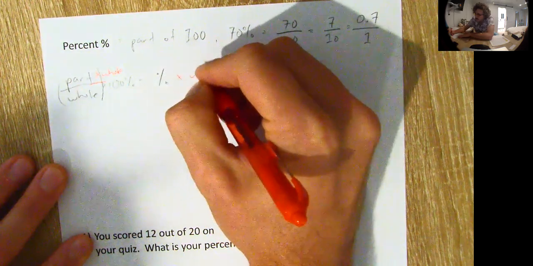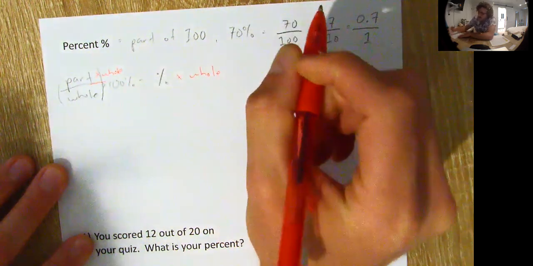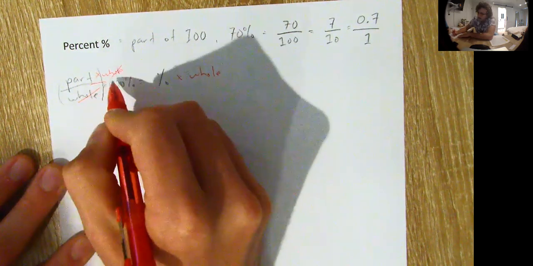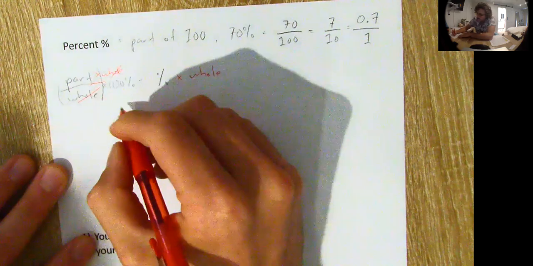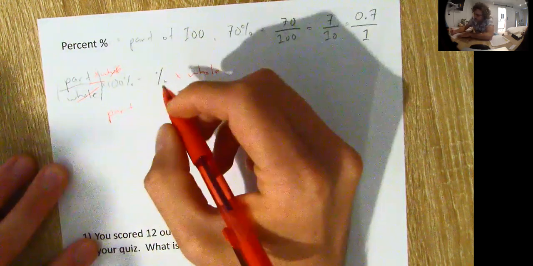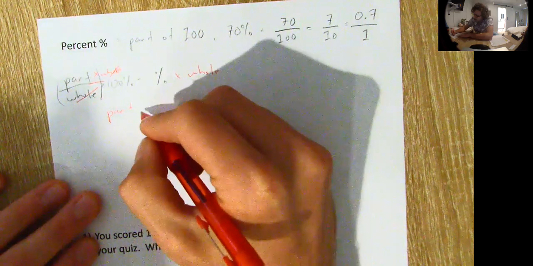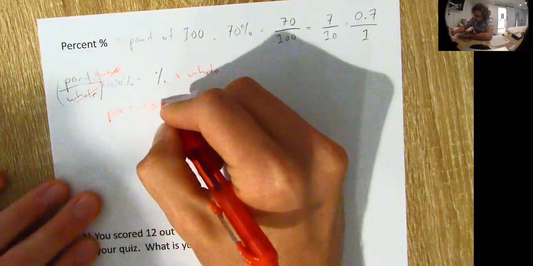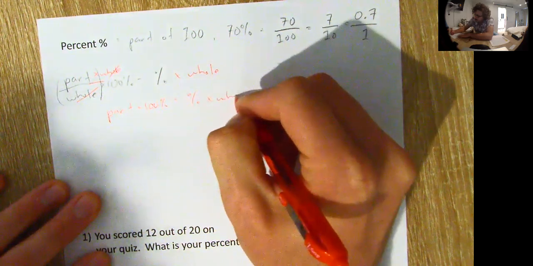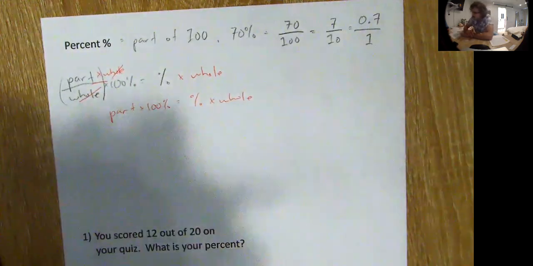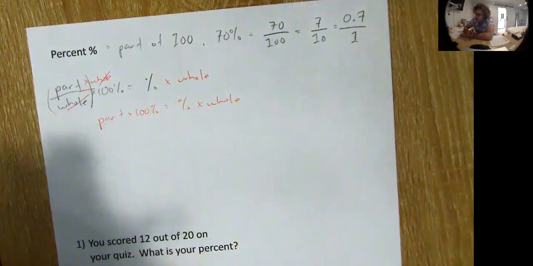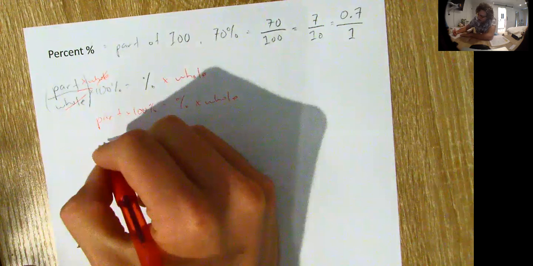Okay, so percentage times whole. Now we can cancel out the whole on this side because it's on the numerator and denominator. And now we get the new equation that the part times 100% equals the percent times whole. So it basically turns out to be just this.